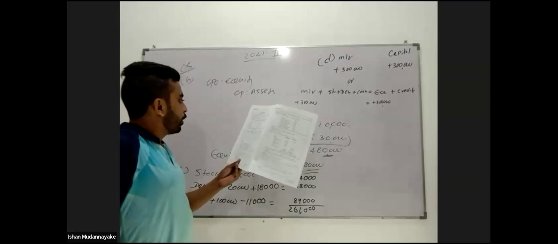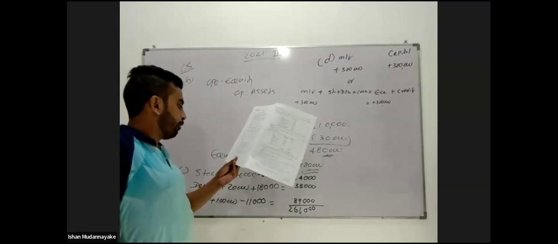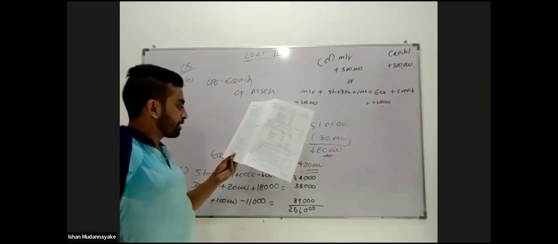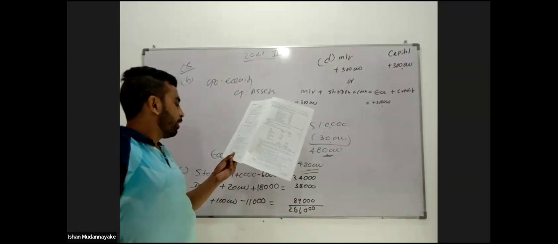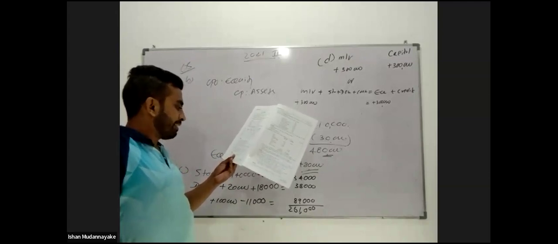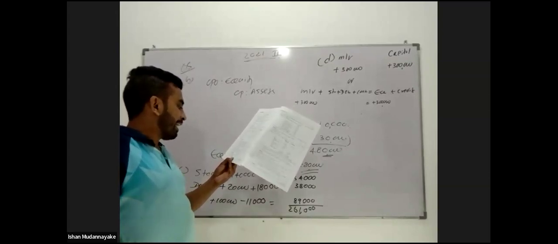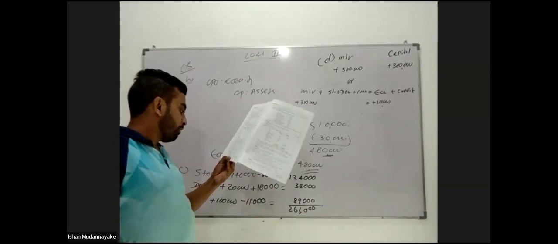Problem number 4, question number 5. The sales transactions occurred in Nagda's wholesale business during the month of January 22 are given below. The following are required for Nagda's business for the month of January 22: sales journal, sales account, and the total amount of sales.